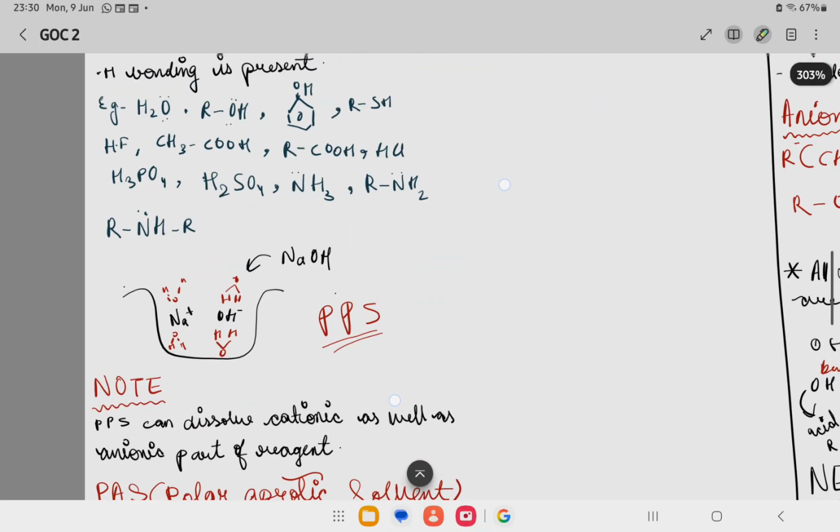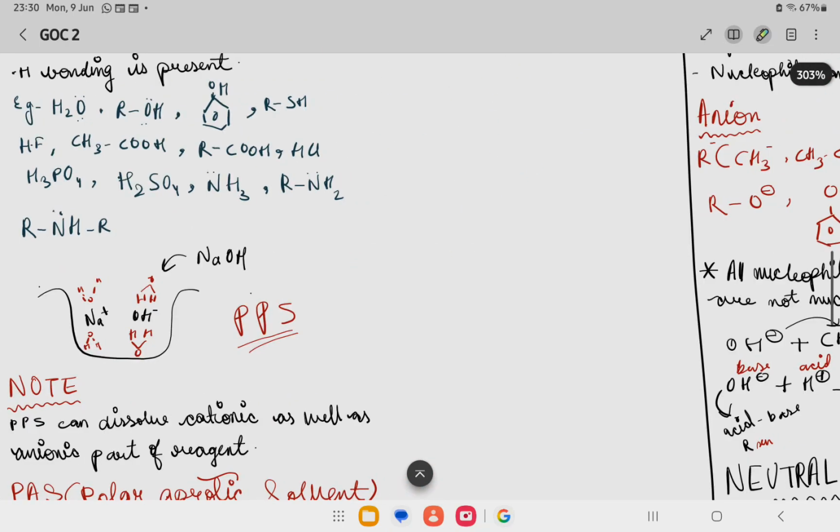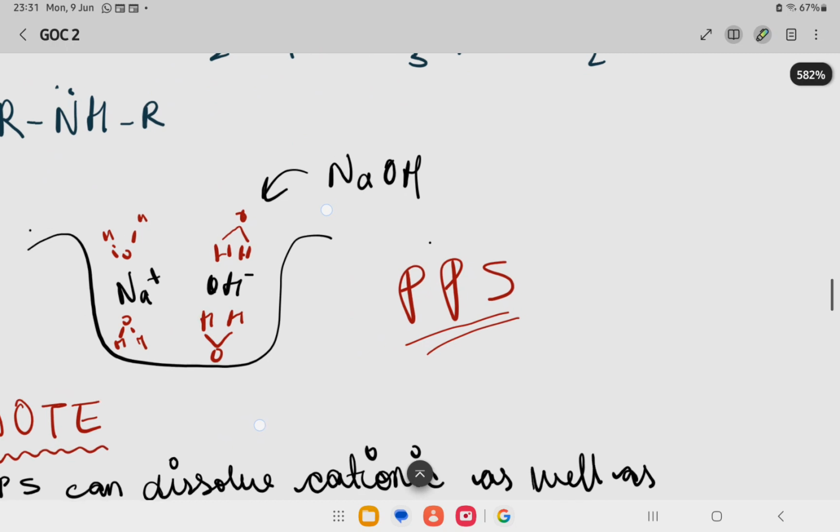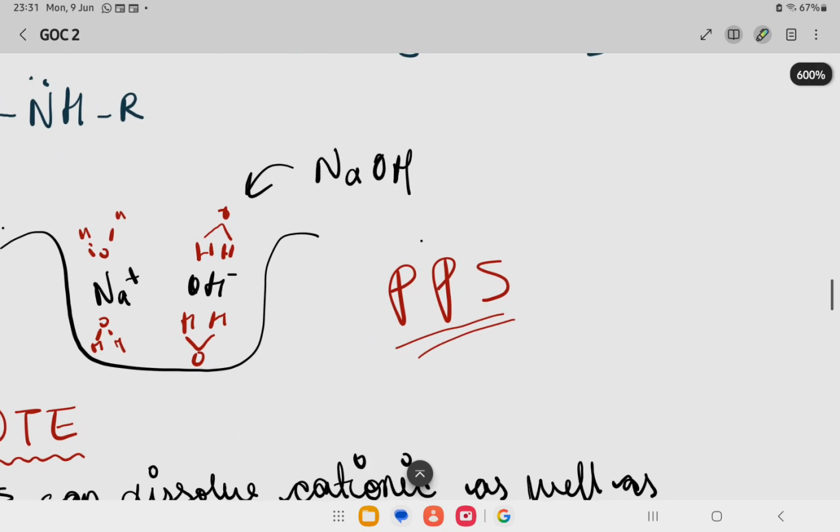The PPS which we have taken is water, a polar protic solvent, as a solvent, and NaOH has been put in it as a reactant. Here Na is positive and OH is negative.